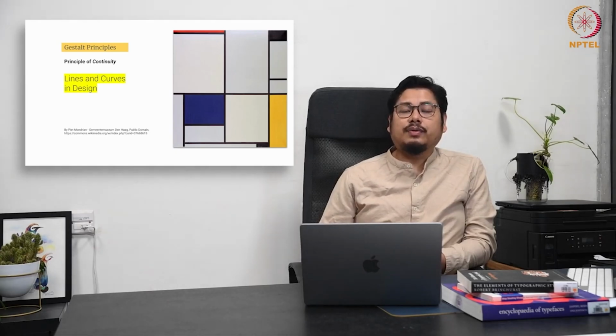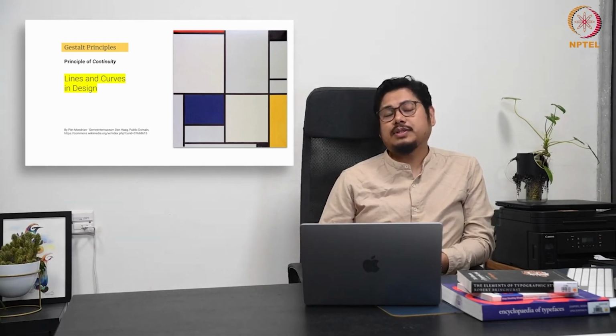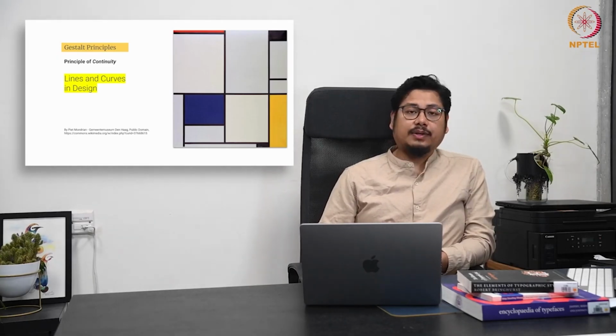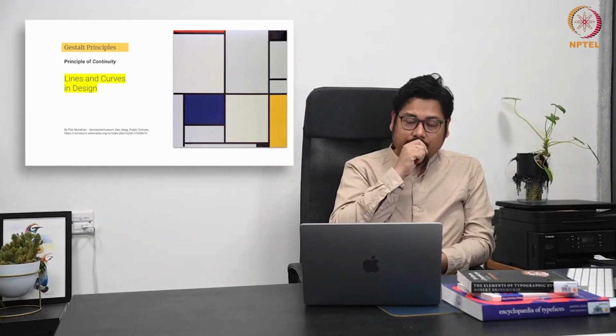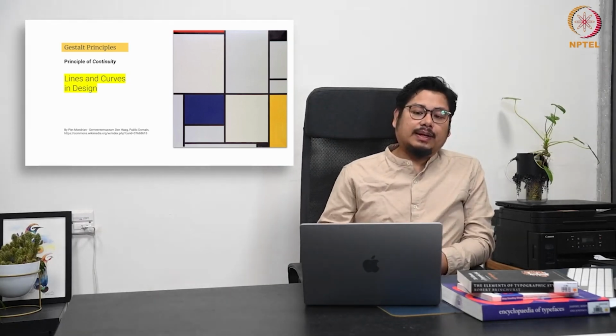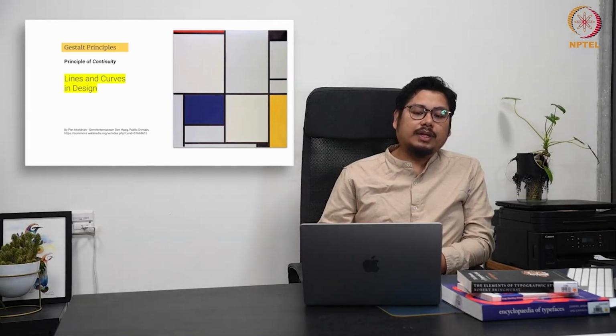If you consider some of the iconic poster designs, definitely Piet's work has been recognized globally, and I would recommend you look into his work and understand his perception. And this falls beautifully in the category of the principle of continuity, where lines and curves play an important role in expression. Yes, now let's come to the idea of brand representation, that is logo design.